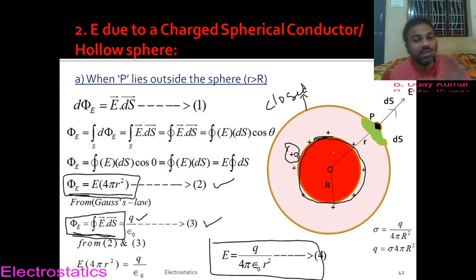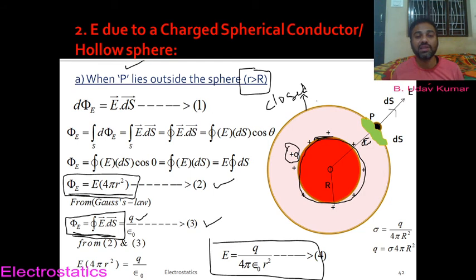So from the diagram it is easily seen that small r is greater than capital R. This is the mathematical representation of the point P where you are trying to find the electric field intensity. Whatever derivation is written in this slide, the electric field intensity that we are trying to find is at a point P which lies outside the sphere. So please check it out.